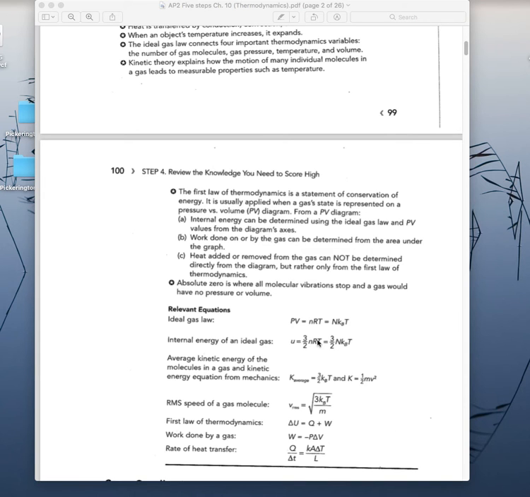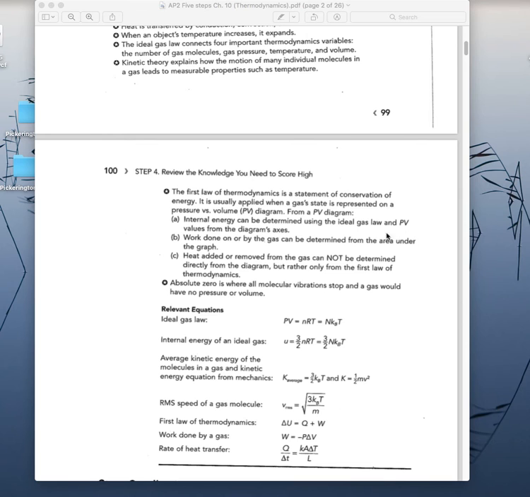So you do want to make sure you understand how to interpret a PV diagram. You can determine temperature using the ideal gas law and PV values, since PV equals nRT and internal energy is equal to 3/2 nRT.